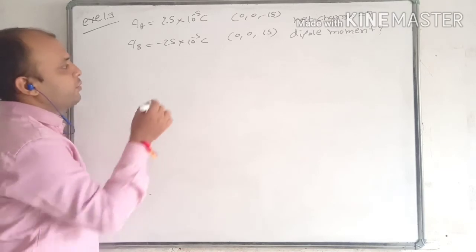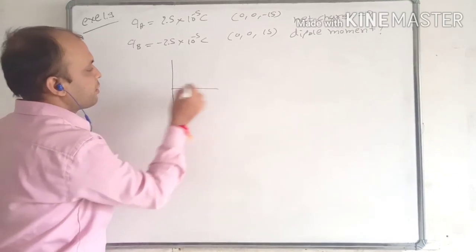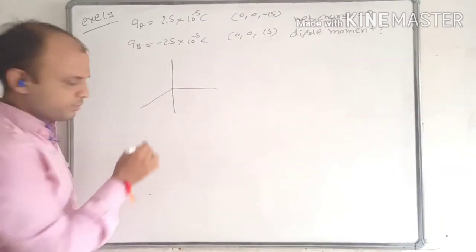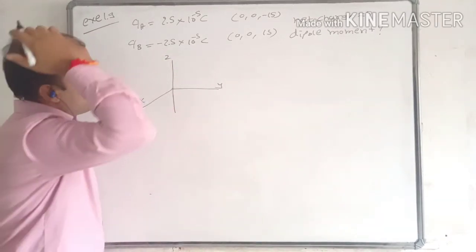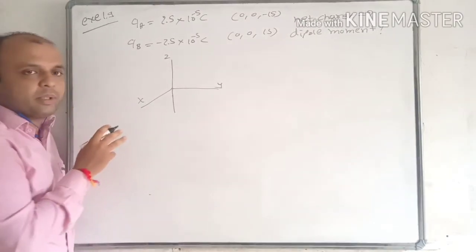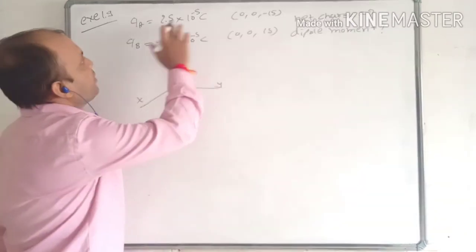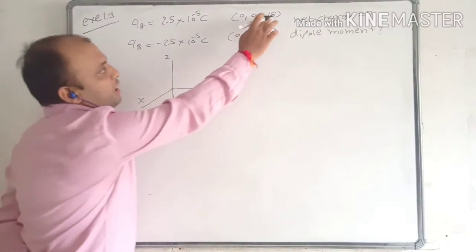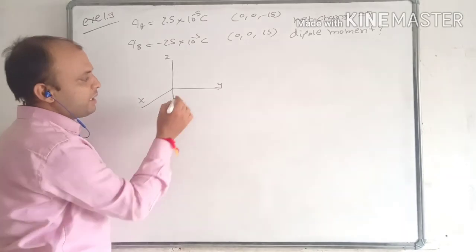So first we will draw the figure for it. X, Y, Z. If you don't want to draw it, it's okay, but if you draw the figure you can understand easily. The position vector for QA is minus 15 in the Z direction. So this is the Z direction and this is the minus Z direction.